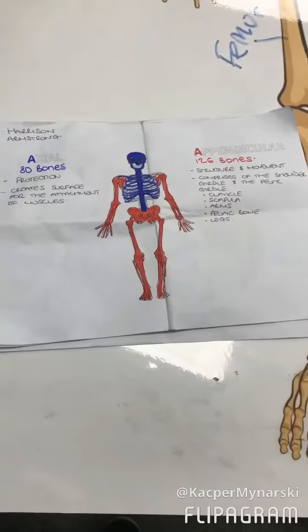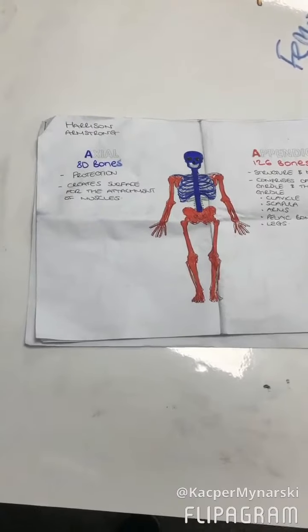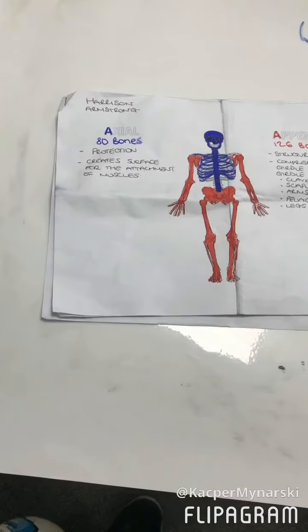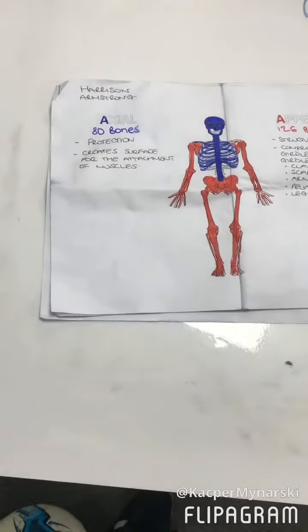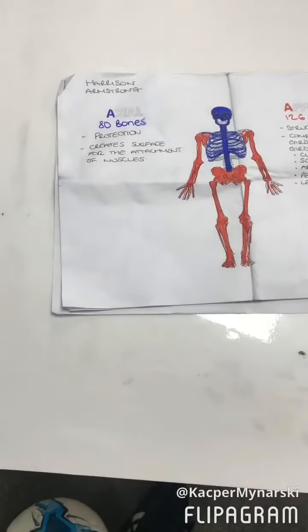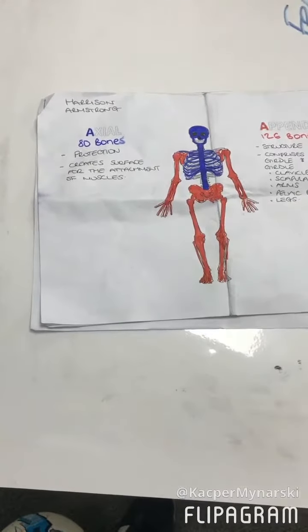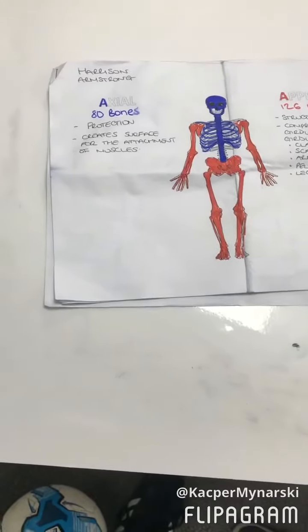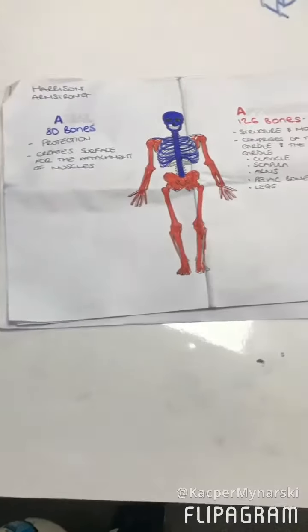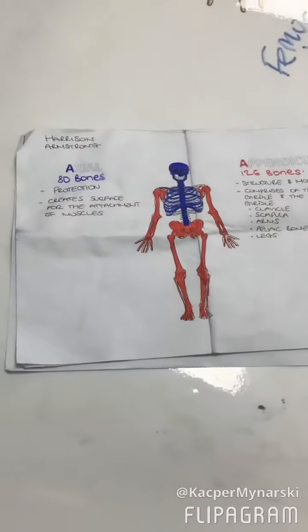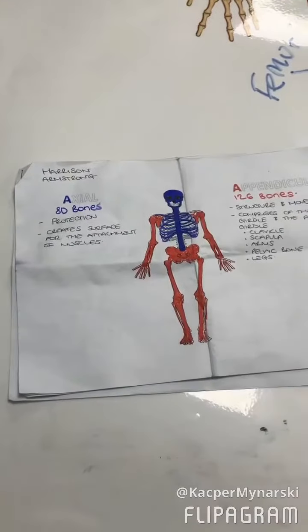And the appendicular is like your limbs, which help with structure and movement. It includes your clavicle, scapula, arms, pelvic bone, and legs, and it has 126 bones.